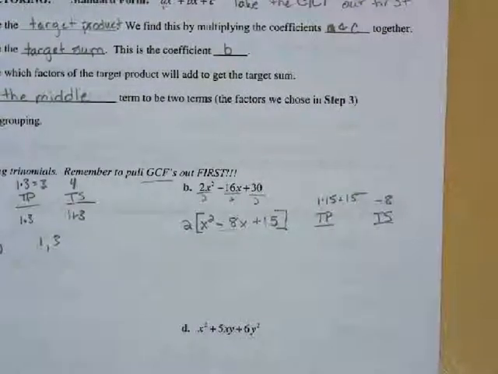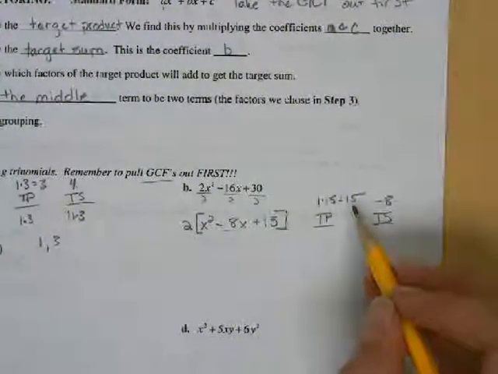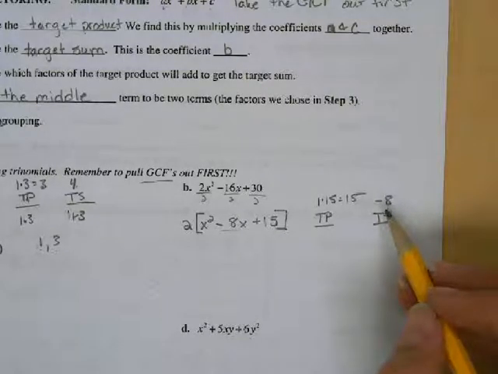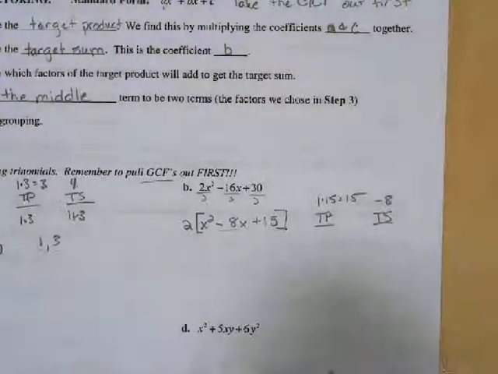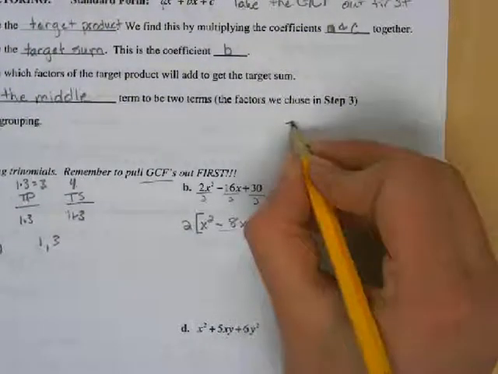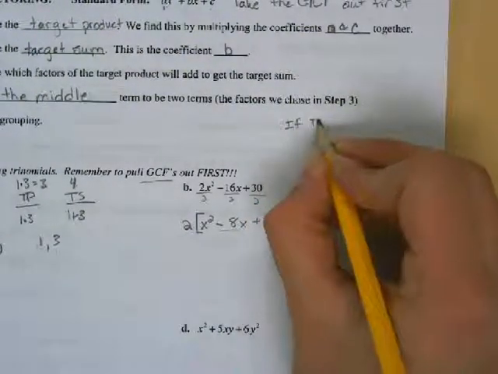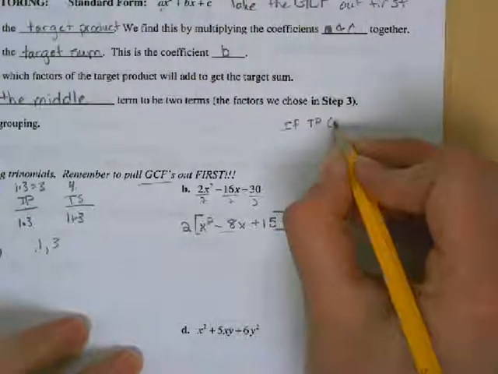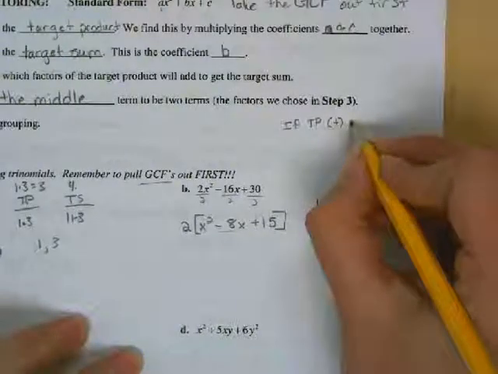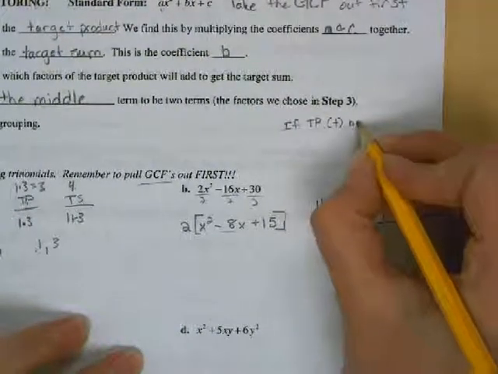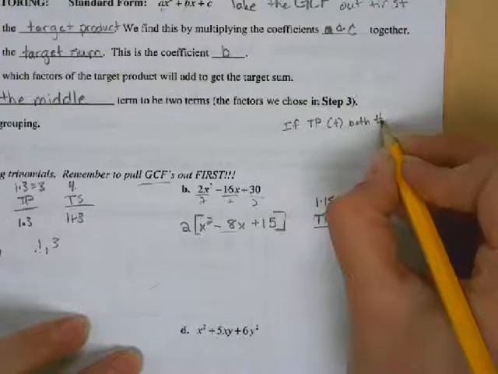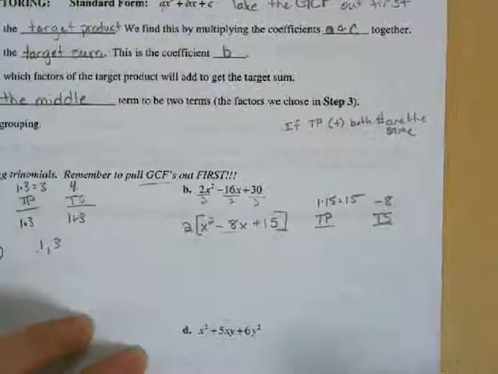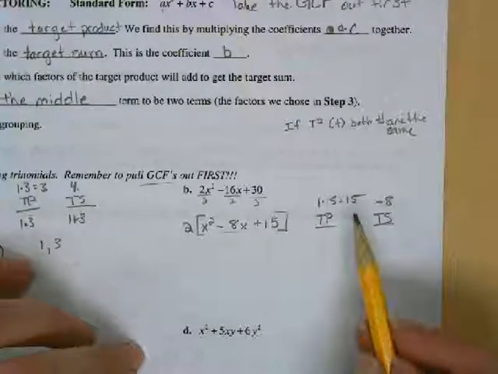So again, I have to figure out what two numbers multiply to positive 15, but add to a negative 8. Now here's a little hint for you. If my target product is positive, both numbers have to be the same sign, which means they're either both positive numbers or they're both negative numbers.